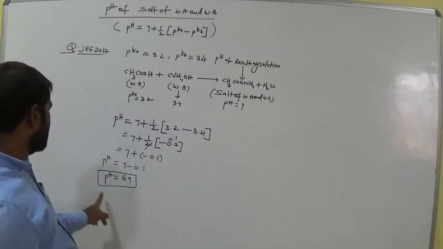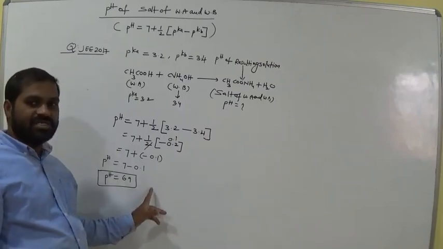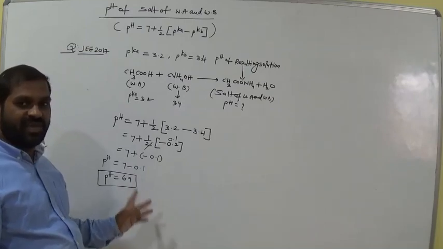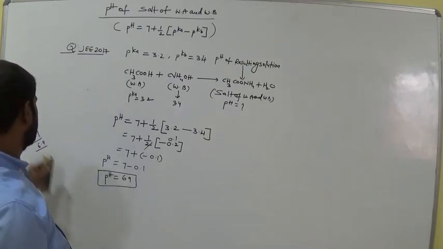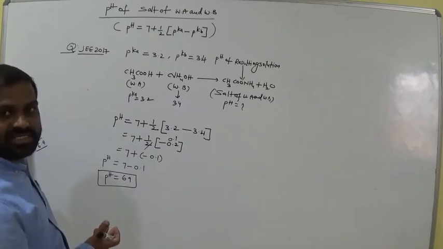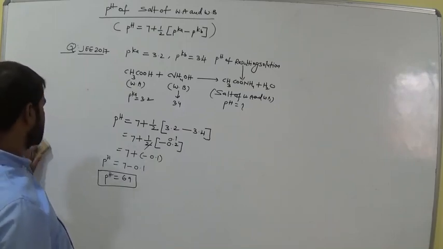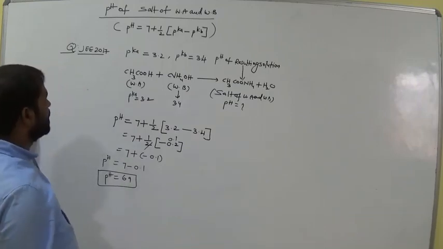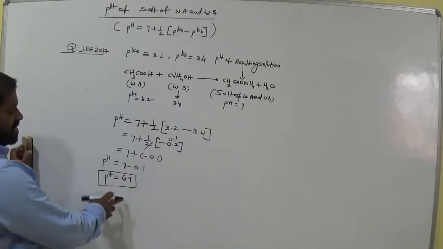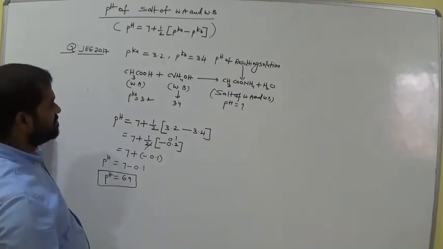So the pH value is 6.9, nearly 7. That means the nature of the solution is slightly acidic, but near to pH 7, a weak acid condition. Clear? This is a JEE bit.